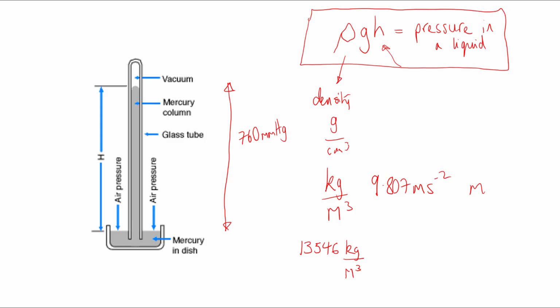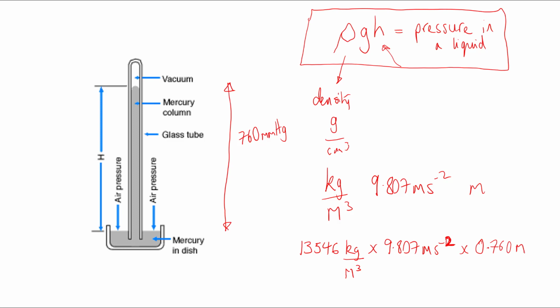So there's our density. So we're going to multiply that by 9.807, and that's meters per second squared. And then we have, of course, the height of the mercury, which would be 0.760, and that's meters.